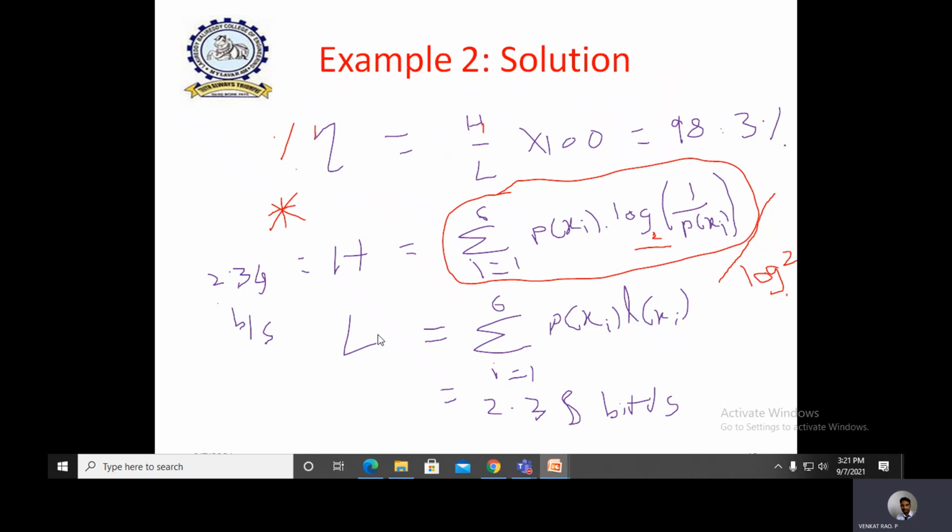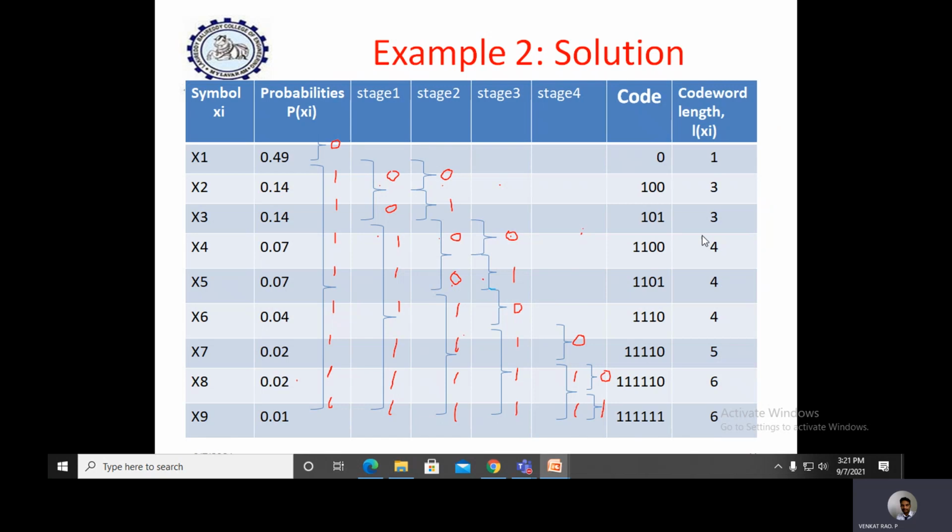Capital L is the average code word length. For example, for some symbols we are assigning 1 bit, for some 3 bits, and for some 6 bits. So what is the average code word length we are assigning to each symbol?